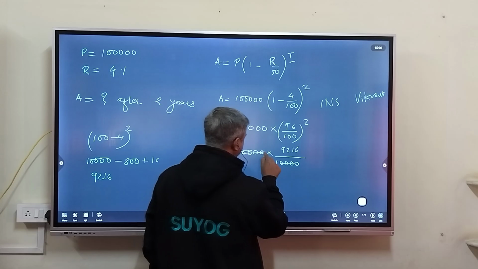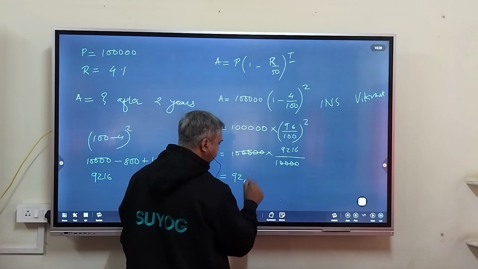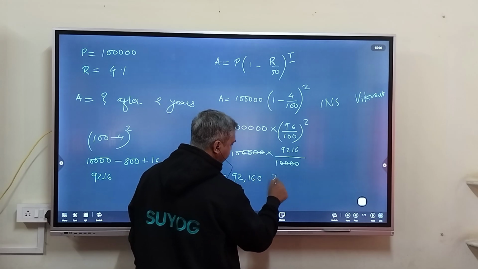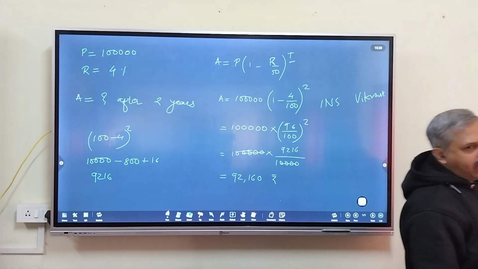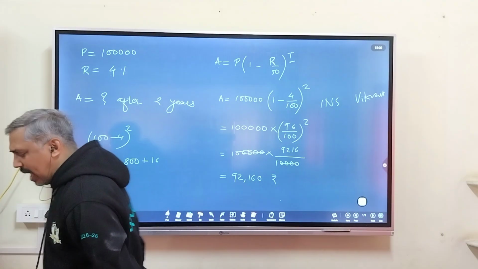Four zeros are getting cancelled. 10 will be multiplied, so it is 92,160 rupees.